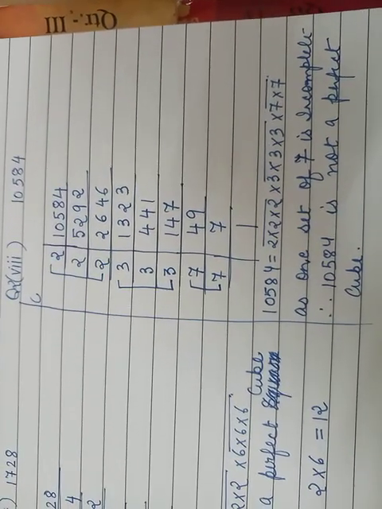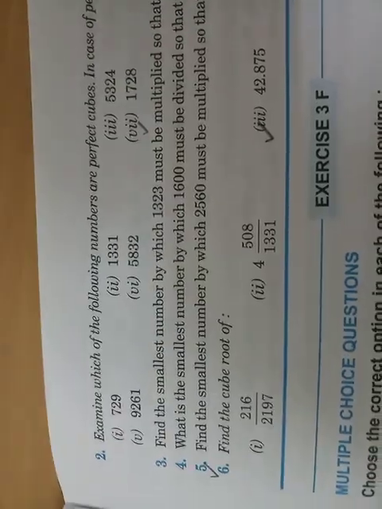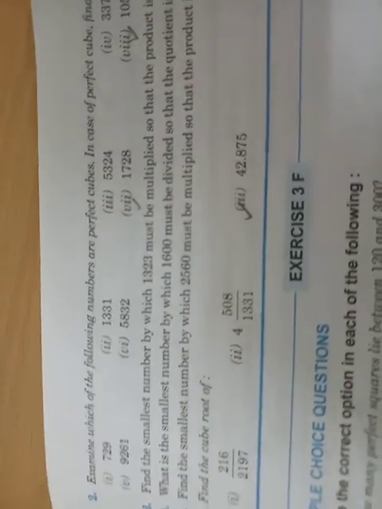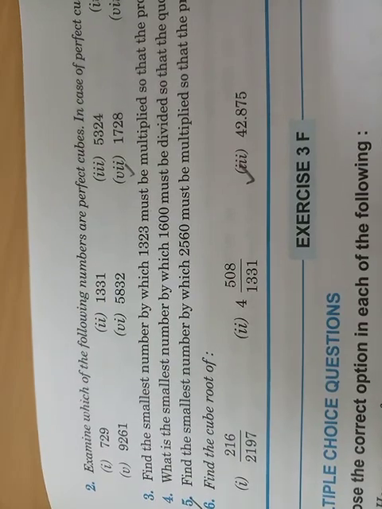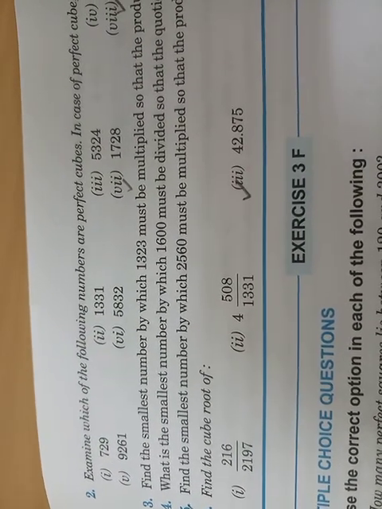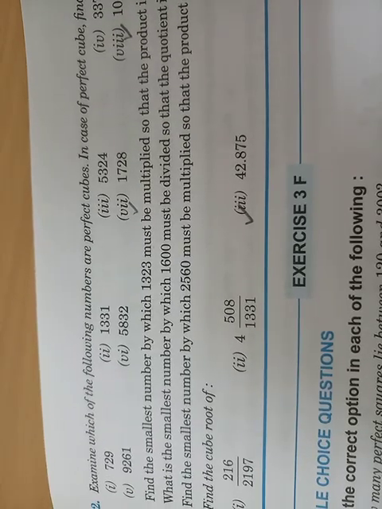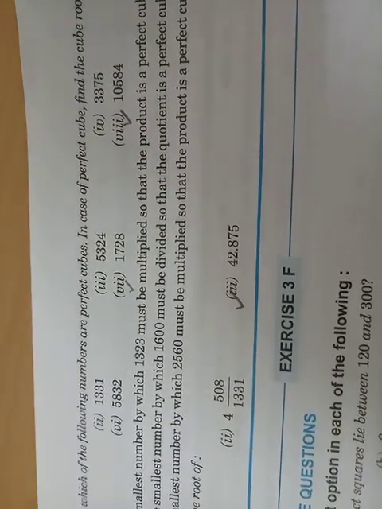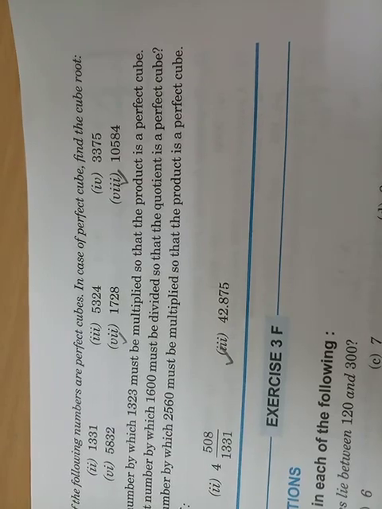Hope you have understood question number 2. Now I discuss questions number 3, 4 and 5. Firstly, I'll read. Find the smallest number by which this number must be multiplied or divided so that the quotient is a perfect cube.